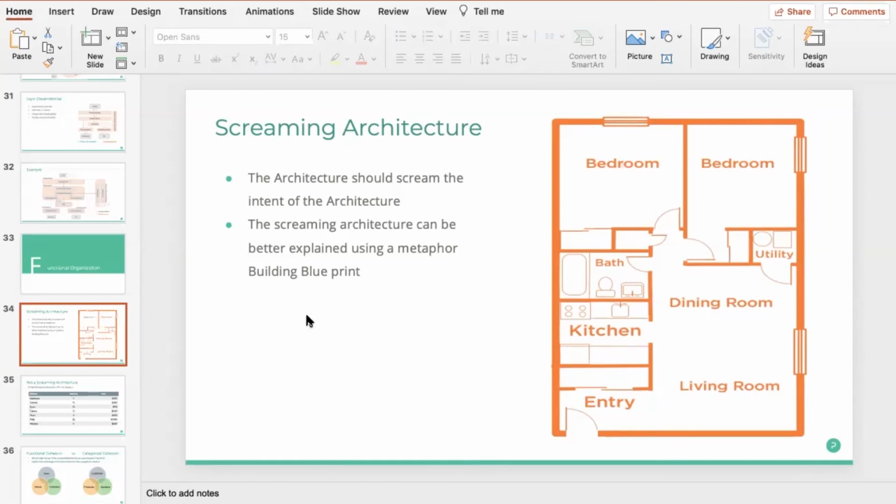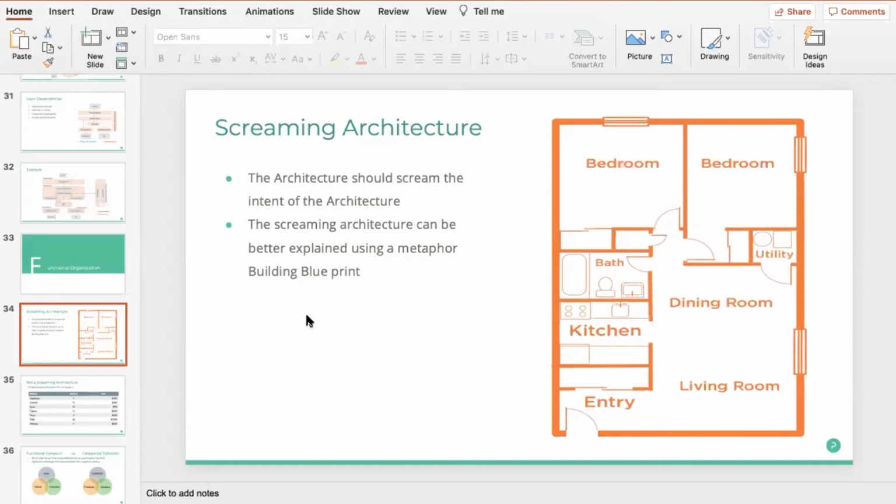And immediately what pops into your mind is the use cases. Oh, bedrooms are to rest and sleep, bathrooms for taking a bath, utility space for this. Immediately the use cases come into your mind, right? And I recently learned something called screaming architecture. It's a nice word. If you Google it, you'll find it.